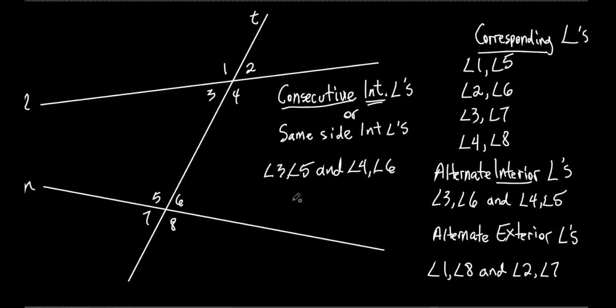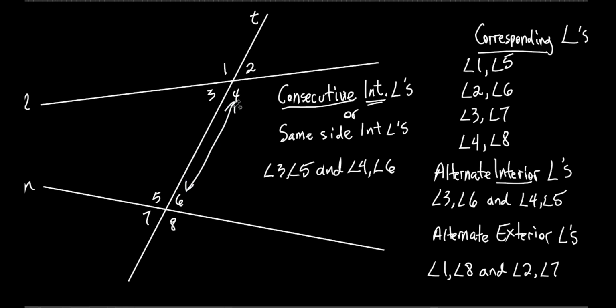We're not even going to deal with same side exterior angles. But again, this book does not refer to them as same side interior angles. They refer to them as consecutive interior angles, which means they're, I hate to even say that, kind of next to each other. You've got here and you've got there.